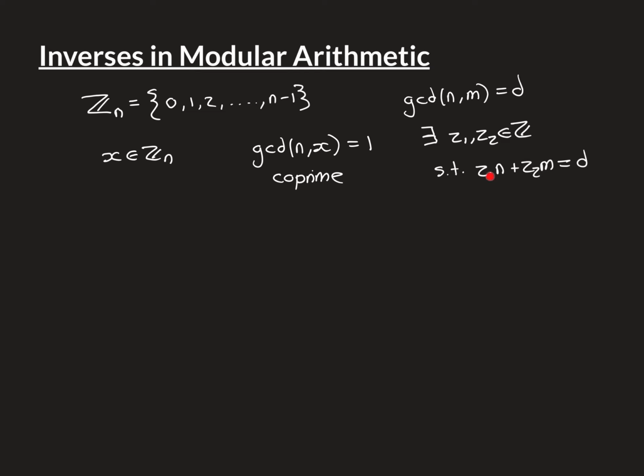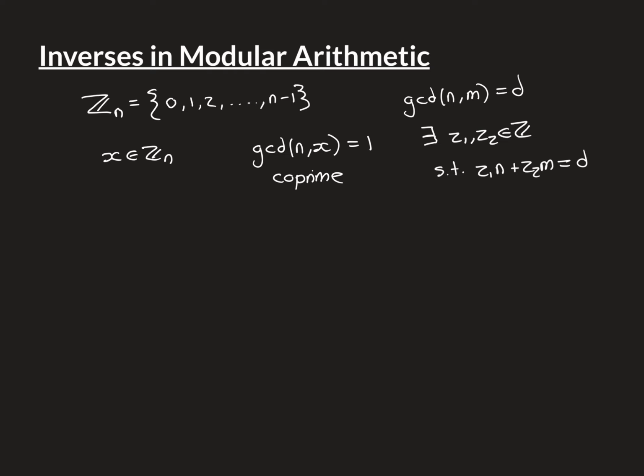So what this is saying is it's possible to find a multiple of n and a multiple of m such that if you add them together, the sum is the value of the greatest common divisor of n and m. There are two integers that make this work as an equation in the ring of integers.